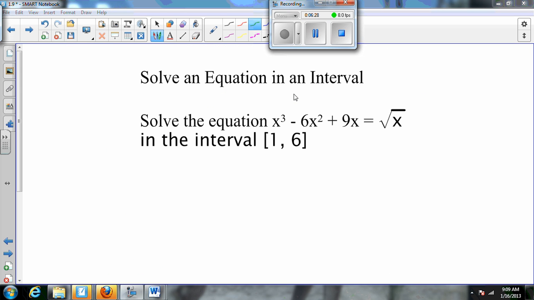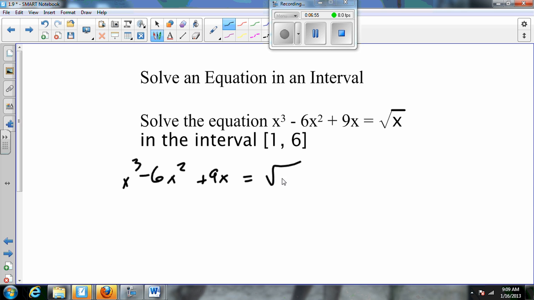When you're asked to solve an equation in a given interval, such as x cubed minus 6x squared plus 9x equals root x, in the interval from 1 to 6, you really need a graphing calculator to do this precisely. So, first step that you would do is get the equation set equal to 0.